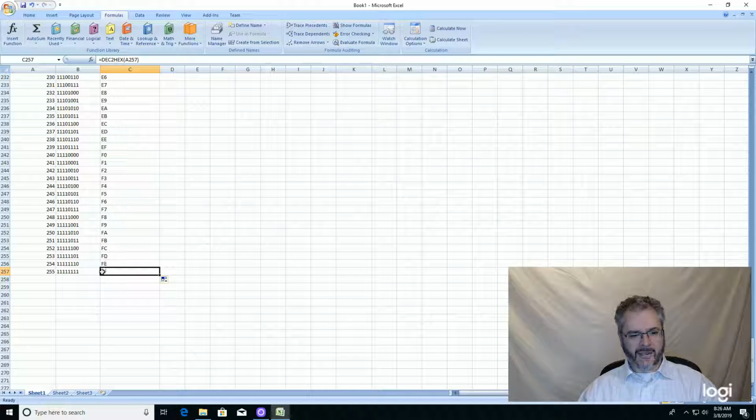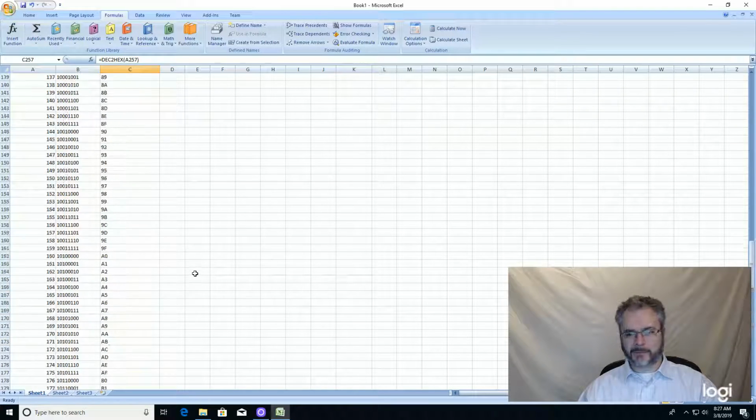So if you had 2 hexadecimal digits for red, 2 for green, and 2 for blue, you'd have 16.7 million choices with only 6 characters to type in. So that's pretty great.